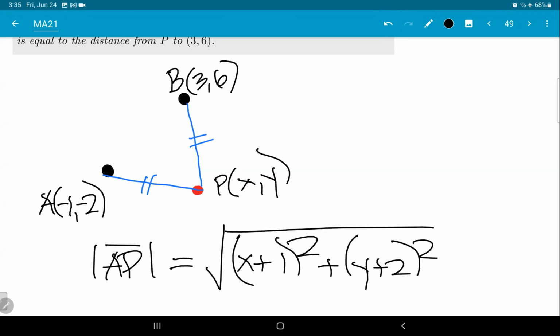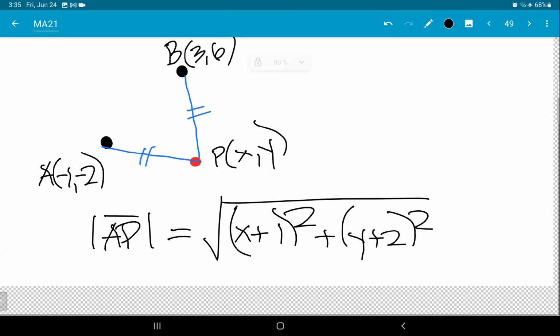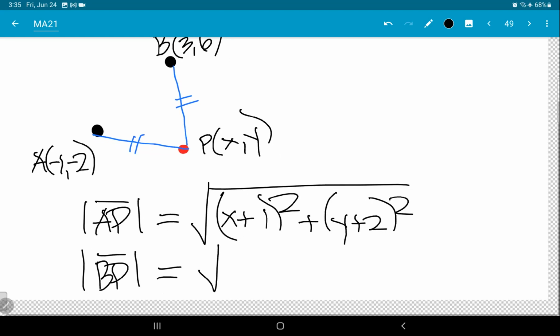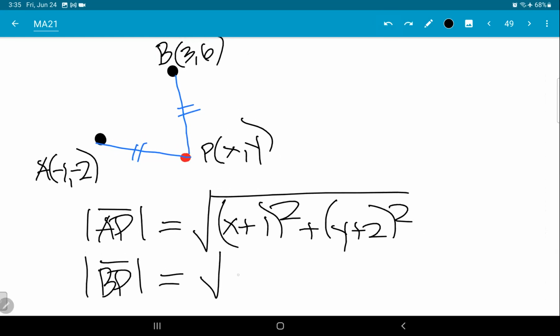Then we do the same for BP or PB. Either naming is acceptable. Square root of x minus 3 squared plus y minus 6 squared.